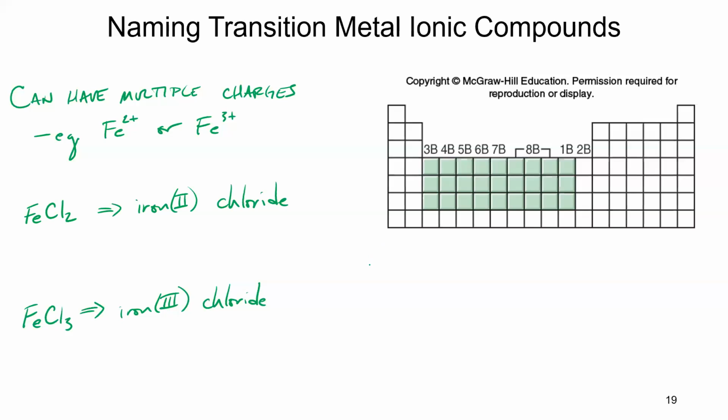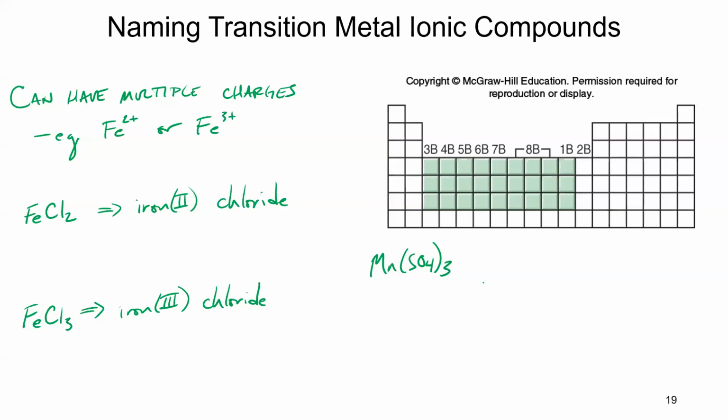How about this? Mn(SO4)3. Right? We don't know the charge on manganese. Manganese is right here in the periodic table, and he doesn't have a set charge. He's a transition metal.